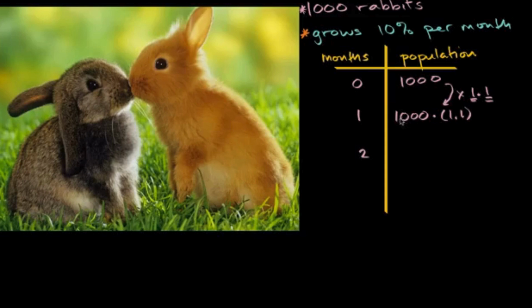Now let's think about what happens as we go to month 2. Well, it's going to be the population that we started at the beginning of the month times 1.1 again. So it's going to be the population at the beginning of the month, which we have right over there. But then we're going to multiply by 1.1 again. Or we can just say that this is 1.1 squared. And I think you see a pattern emerging.